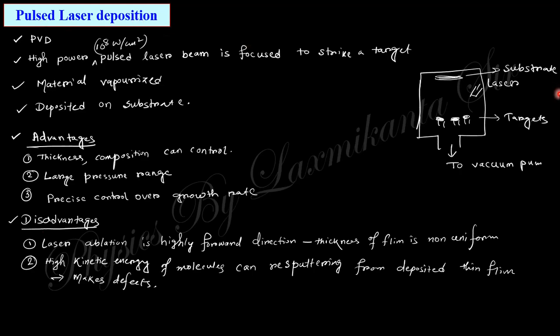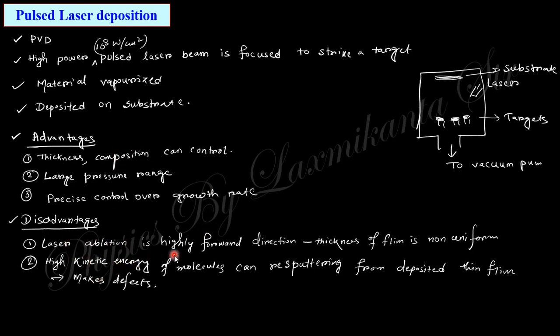Next is pulsed laser deposition, where laser light is used instead of an electron gun, and the target is there, so you can get multilayer deposition on the surface. It is used for that purpose. Advantage is that thickness and composition can be controlled, and a large pressure range obtains precise control over the growth rate in PLD.